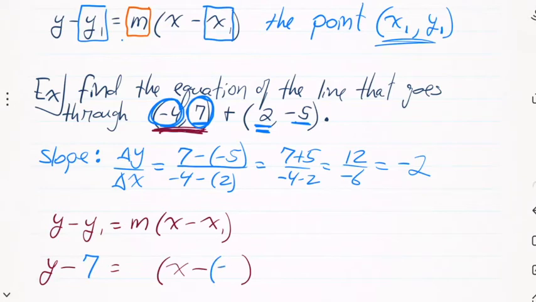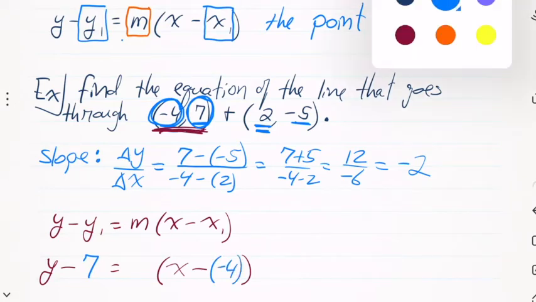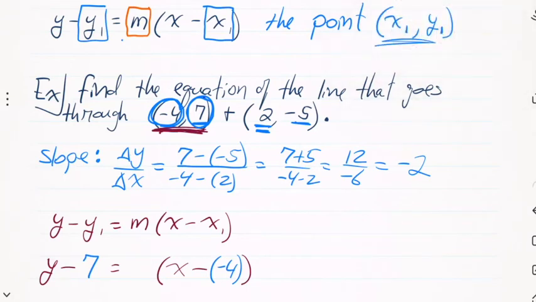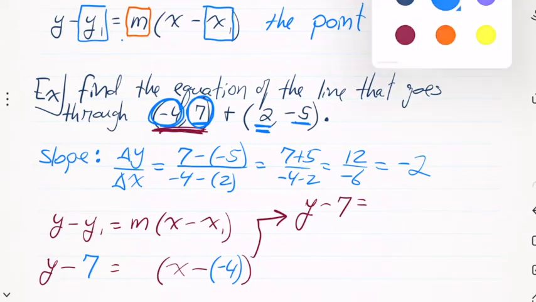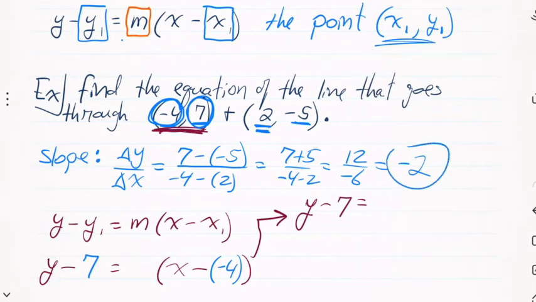So I'm going to put that in parentheses. All right, and then simplify. So up here, y minus 7 is equal to, oops, I forgot to put the m. What was the m? m is equal to negative 2. There, that looks better.